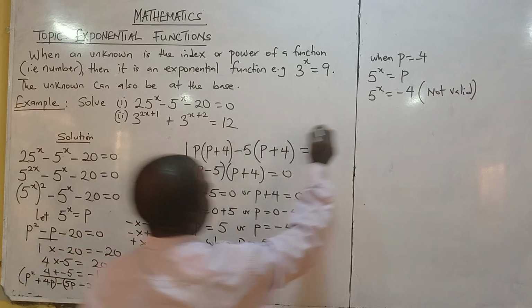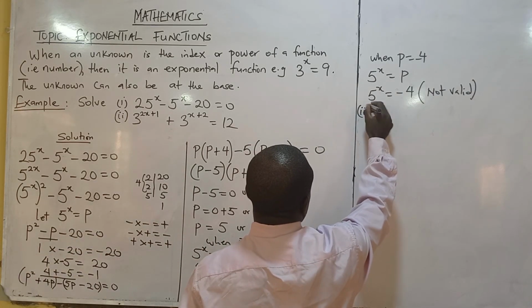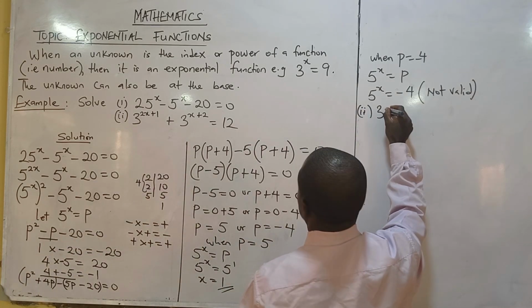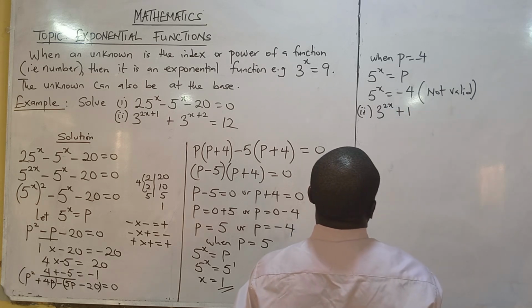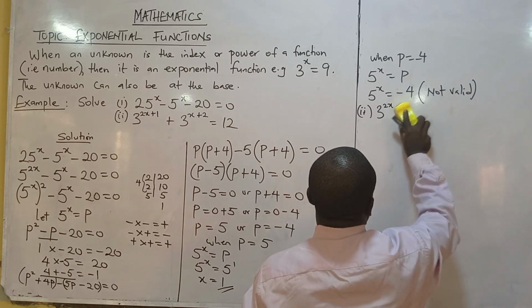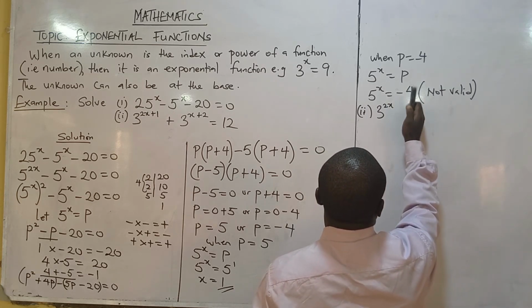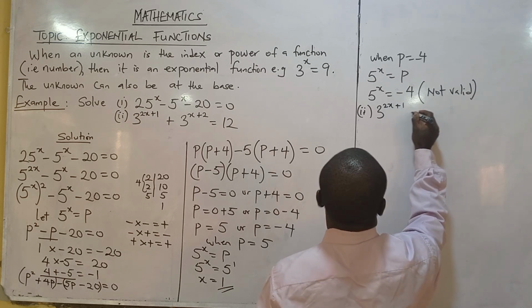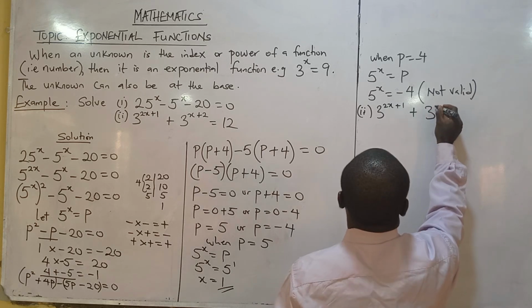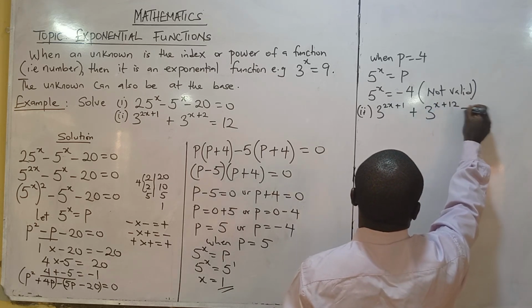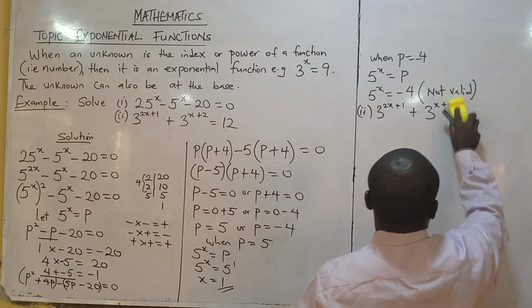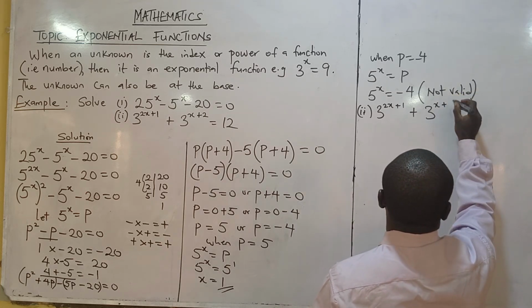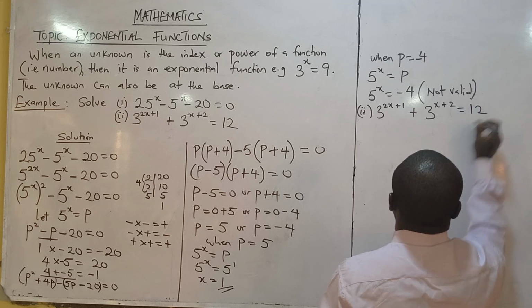Now let's solve the second question. 3 raised to power 2x plus 1, plus 3 raised to power x plus 2, equals 12.